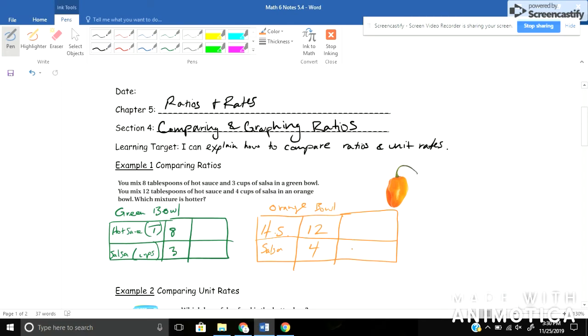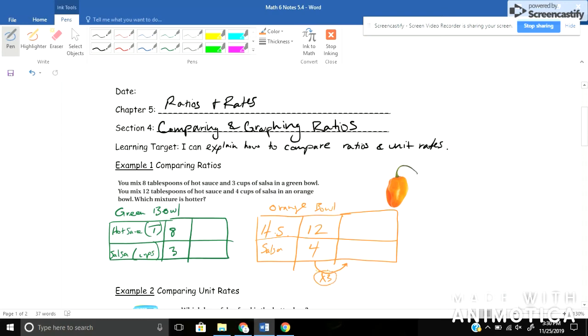So what I'm going to do is get my cups of salsa to the same amount. So in other words, find a common multiple that I can multiply both by. And if you look at 4 and 3, if I make this recipe 3 times bigger and I make this recipe 4 times bigger, I'll be dealing with 12 cups of salsa in each recipe.